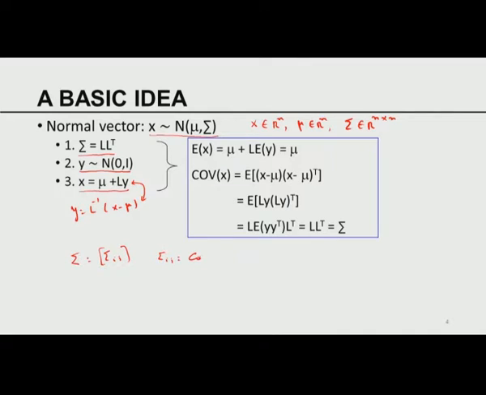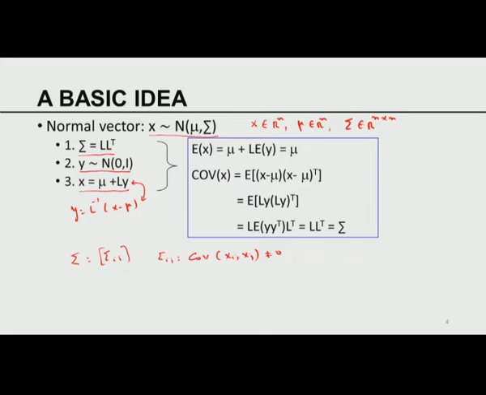It is the covariance of xi versus xj. So in principle this need not be 0. Therefore if I have a vector x whose mean is mu and covariance is sigma, the elements may be correlated, and the covariance between them is given by sigma ij.